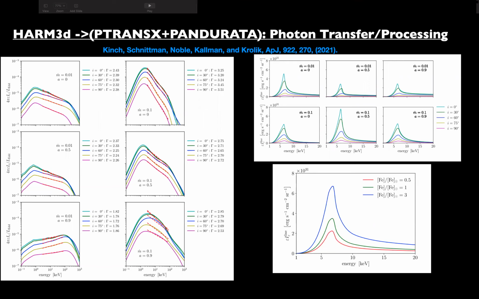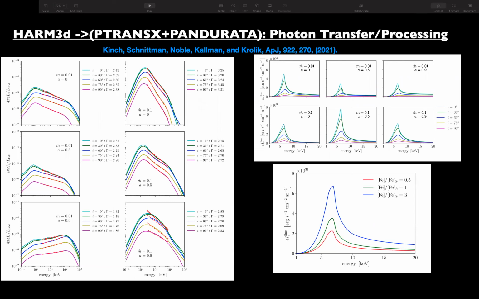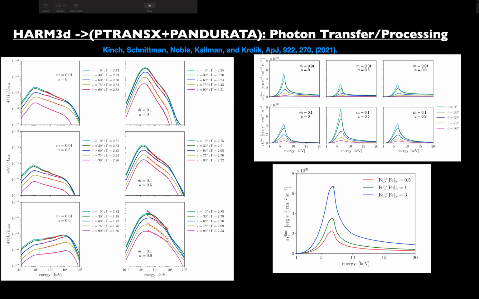These are the first pretty self-consistent predictions of iron lines including all the physics of the X-ray corona from an MHD simulation.